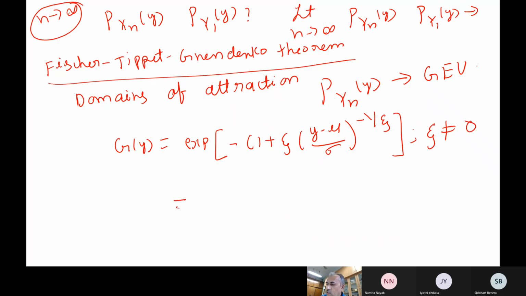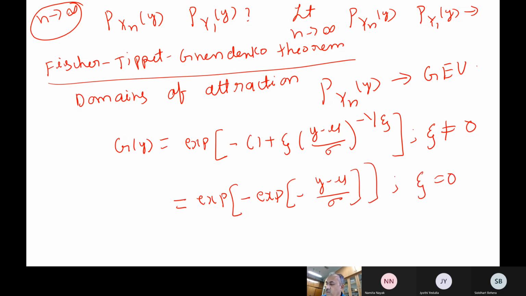Or you can write this expression as exponential of minus exponential of minus (y minus mu) by sigma, if psi is equal to 0.